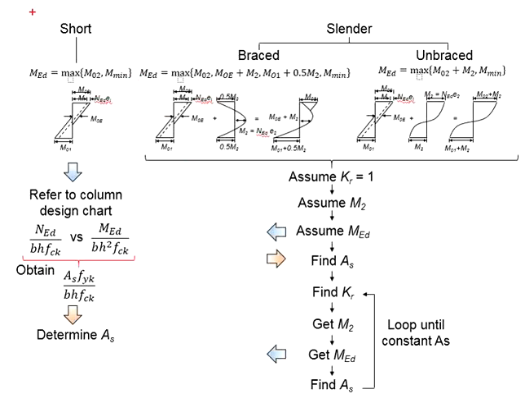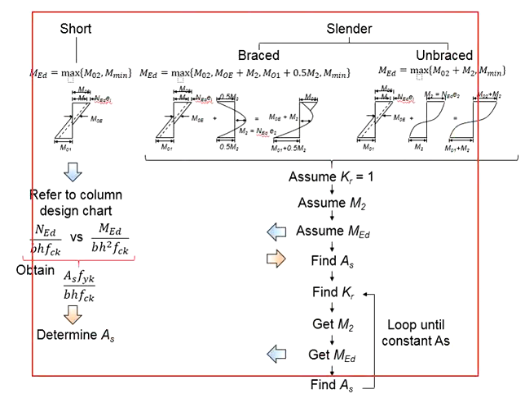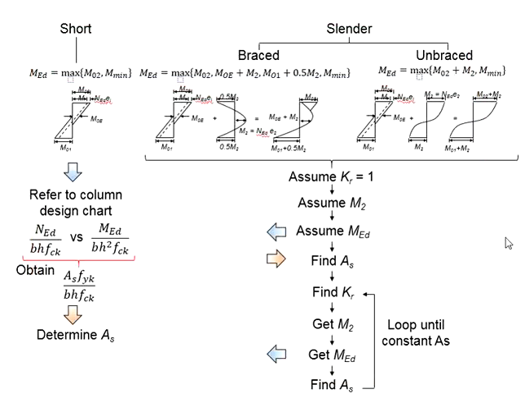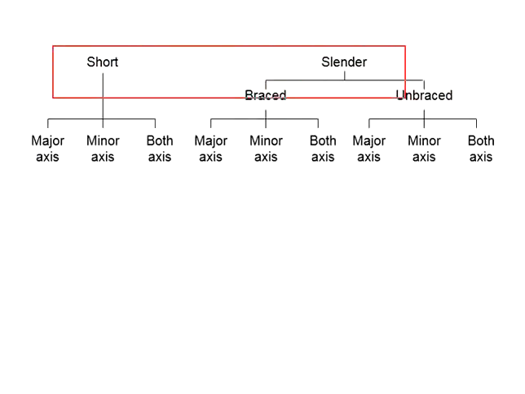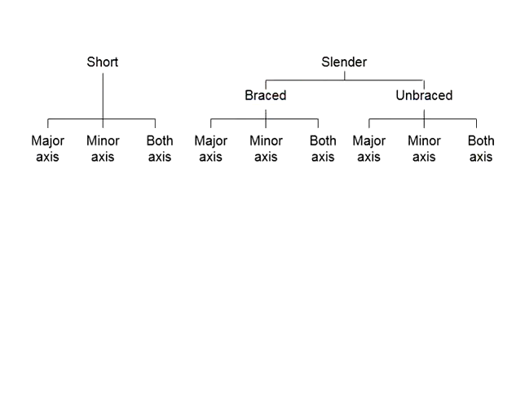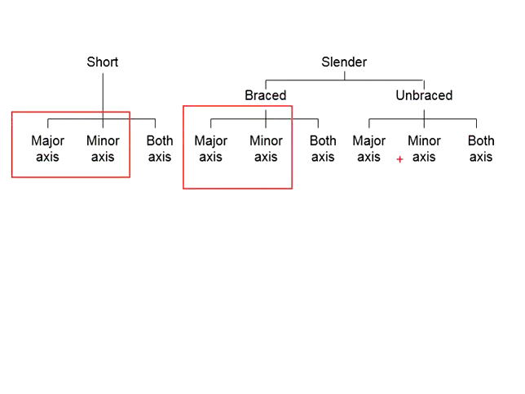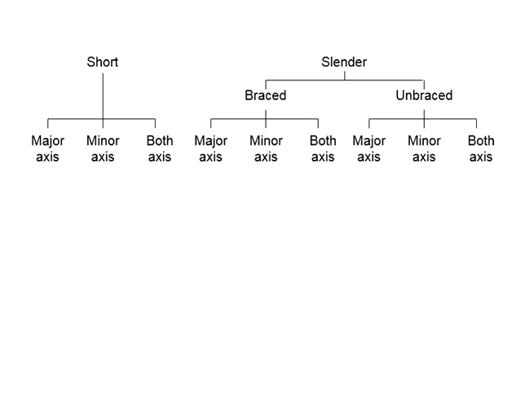This establishes the different calculation steps due to different classifications of the column. Among these classifications of the column, so far we have dealt with only uniaxial bending moment. The moment may be acting on the major or the minor axis of the column.